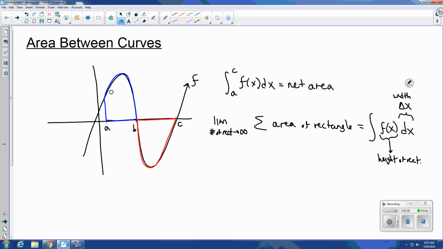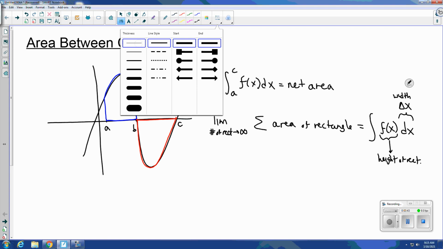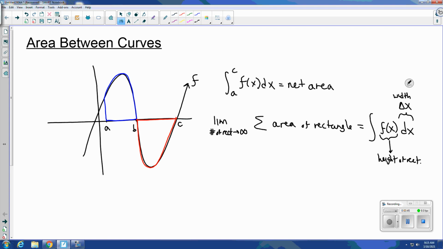So under the assumption that we're integrating from, say, a to b, where a is less than b, that means the width of our subintervals that represent each base of the rectangle is always going to be a positive measure. Therefore, if the height is represented by the function output at some point along that interval, you'll see that when it's above the x-axis, the function output is greater than 0.